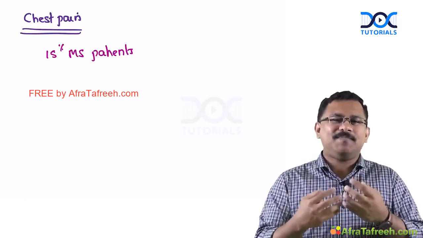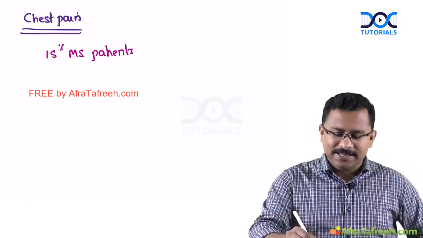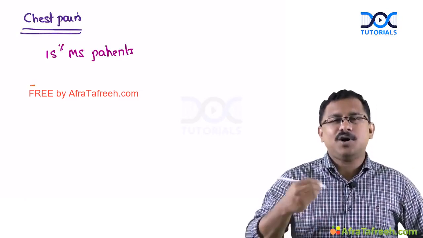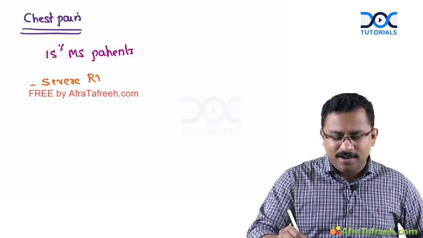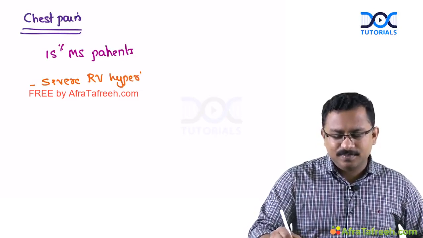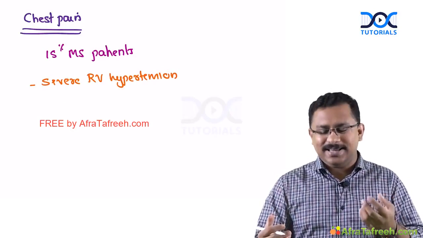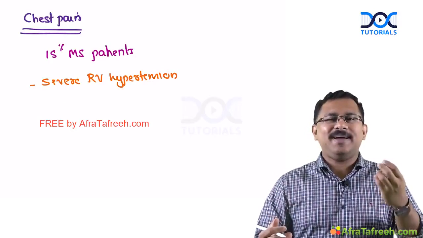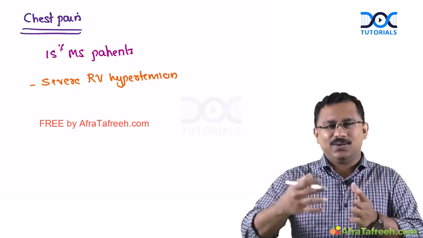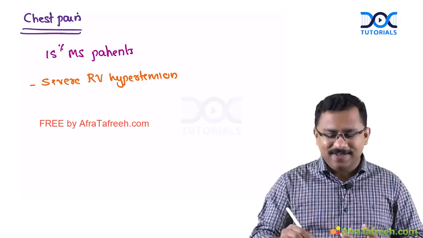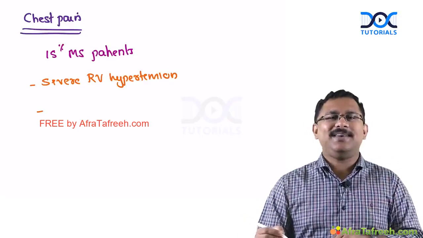There are certain possible reasons. It is thought that this might be because of a severe RV hypertension. I'm just saying the possible etiologies. So one is a severe RV hypertension. The RV systolic pressure is actually increasing, secondary to a pulmonary vascular disease, and that can lead on to a strain and chest pain.